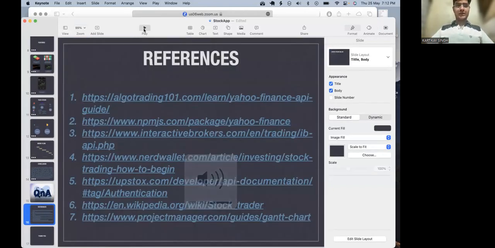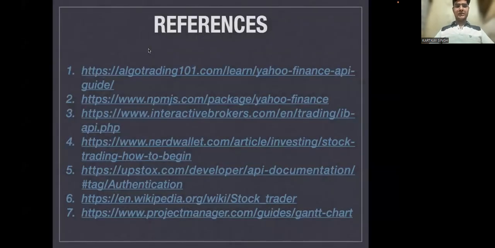Okay. So these are some of the references that I've used in this. I learned about the Yahoo Finance API. Then I looked up the Node.js package for Yahoo Finance. Then there is an Interactive Brokers API page, and then there is a how-to page.